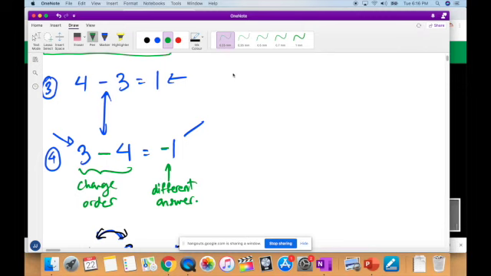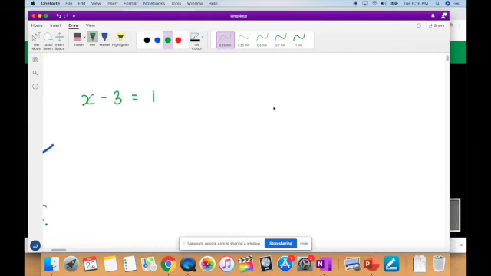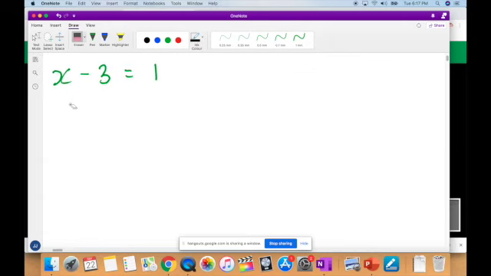So similarly, I could be dealing with x minus 3 is equal to 1. How am I going to find what x is? Can you transpose the 3? So I transpose the 3, meaning what? What exactly am I doing to transpose the 3? You minus the 3 from both sides?